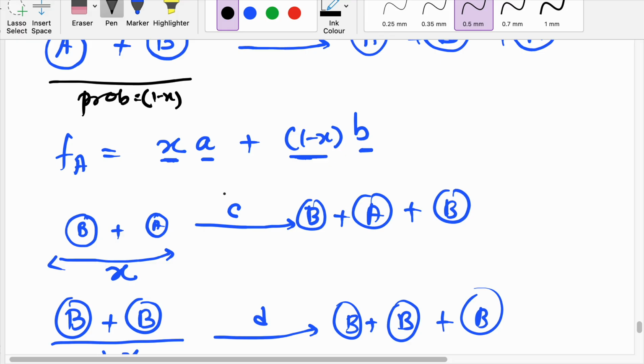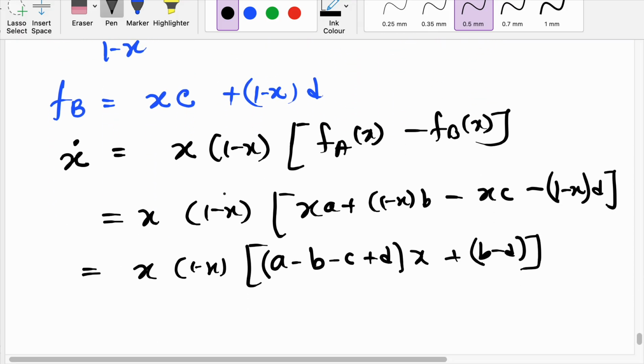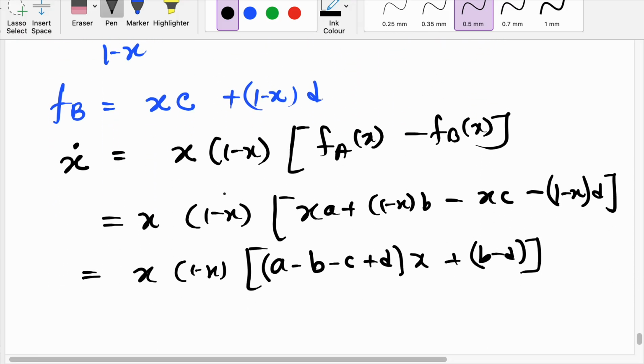At one time someone is interacting and reproducing, and the second time they will do the same thing again and again. That's why I am writing the equation. They are not reproducing only once and stopping there; they are interacting with each other and reproducing. That's why we got this time evolution equation.